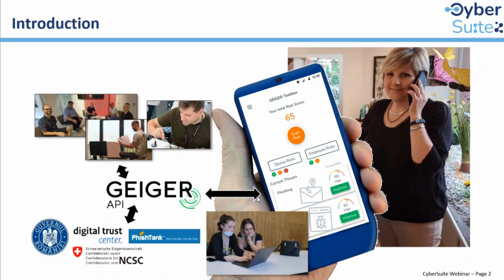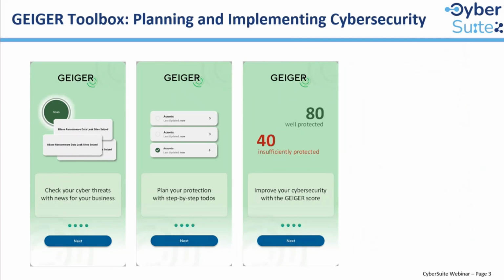In the meantime, the GEIGER user interface has evolved, so I want to show you some impression of the user interface that we have as of today as part of the CyberSuite project.